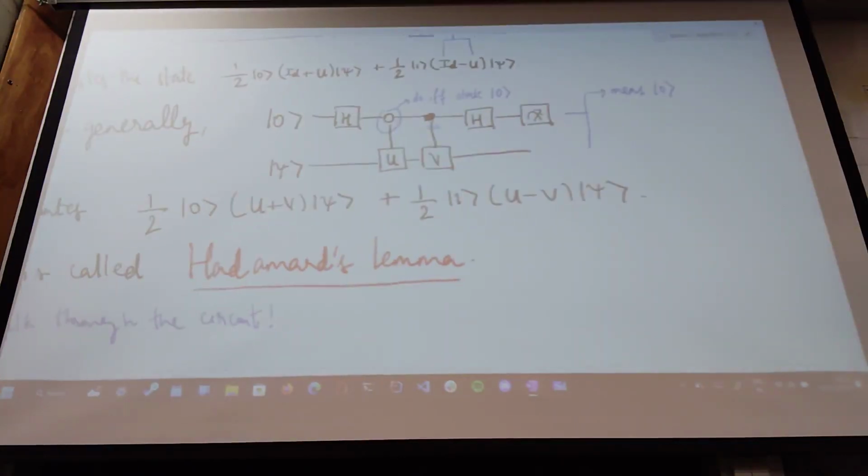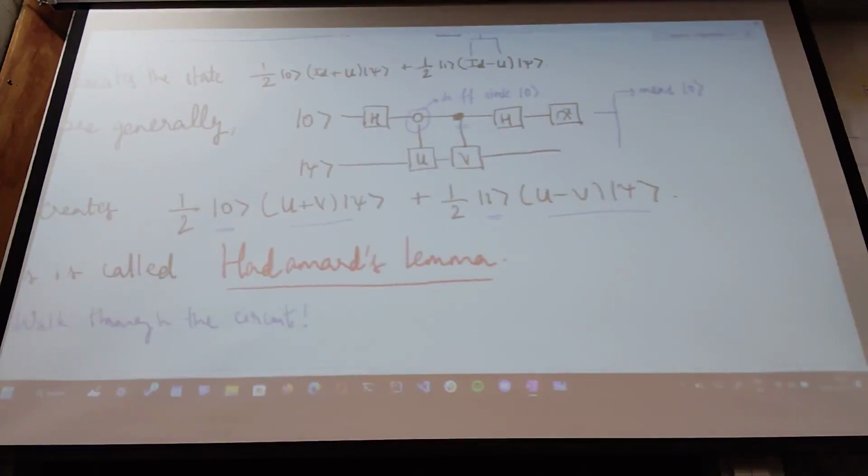So again, you have 1/2 0 times U plus V times psi. And also, don't worry about normalization for the time being. And you have a 1 times U minus V psi.